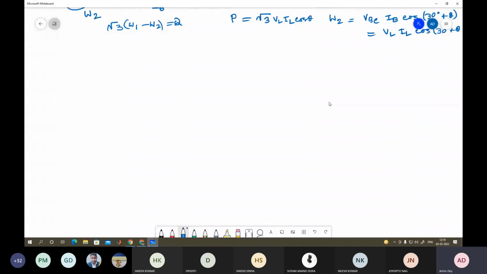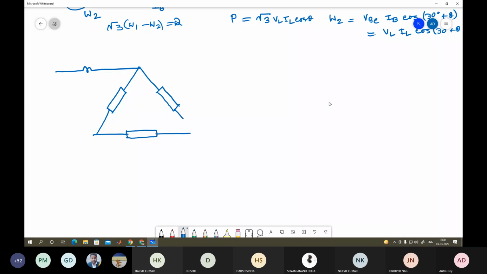So when we go for the delta connected load, these are all the same, which are equal to Z angle theta.